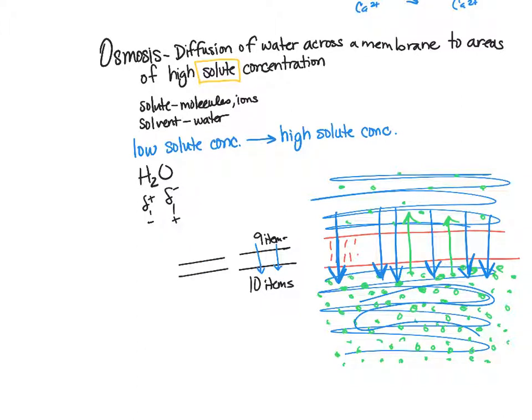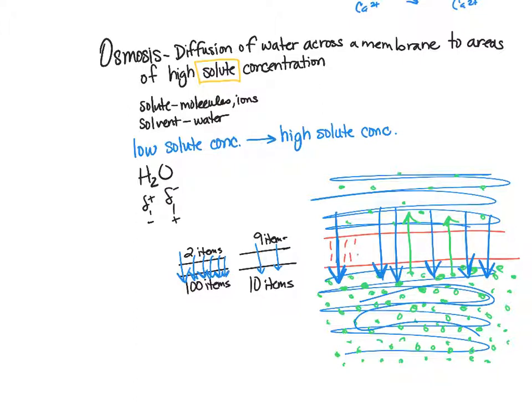However, if we have 100 items, whatever that means, over here, and 2 items over here, we're going to see a high amount of water movement very, very quickly, trying to dilute the 100 items to make them even on both sides. Again, these numbers are silly, but they're meant to get the idea across.